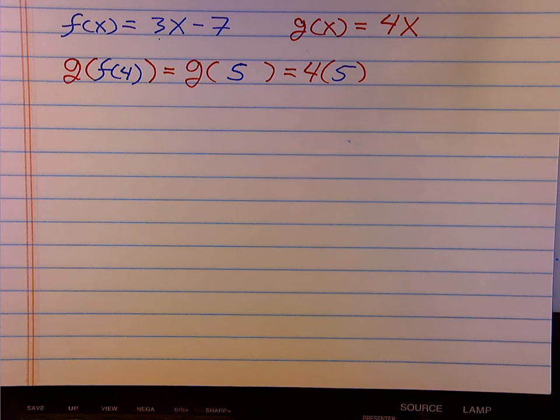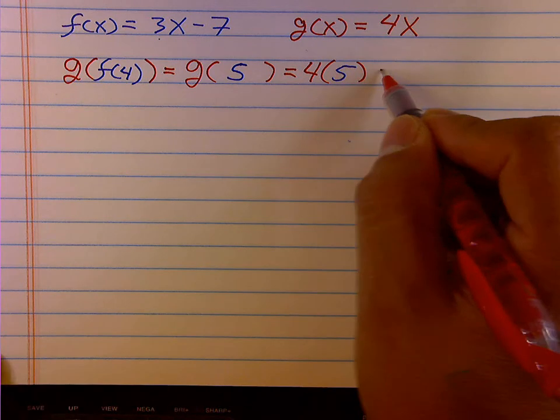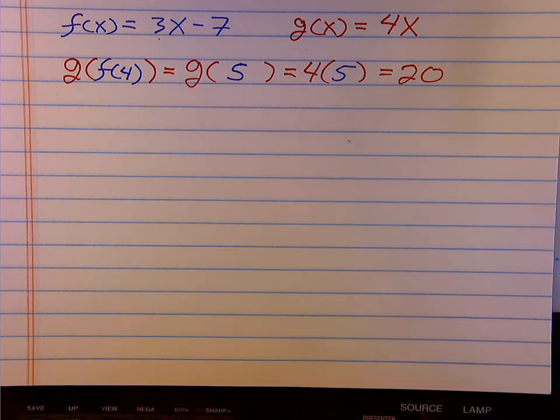Now I know how to get my output. Simplify that. 4 times 5 is 20. So G of F of 4 is 20, which means the output of G when I plug in F of 4 will be 20.